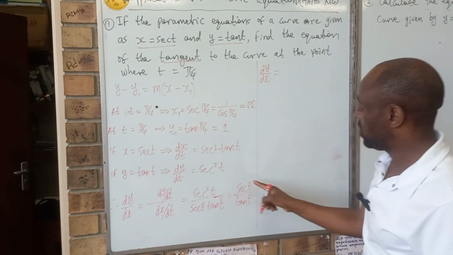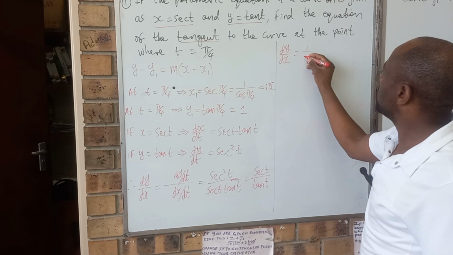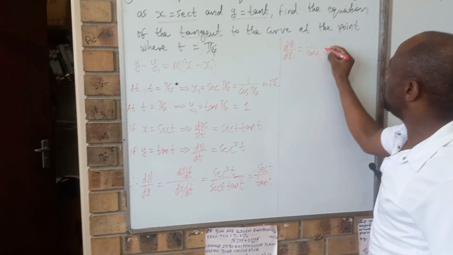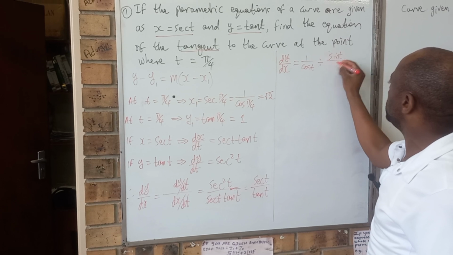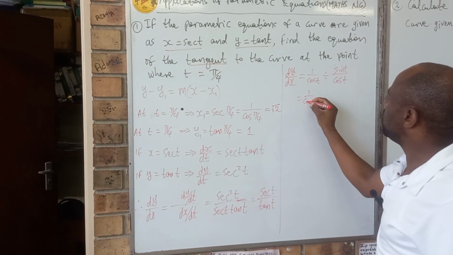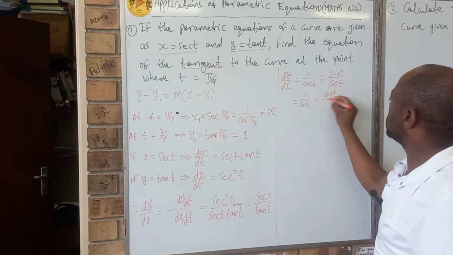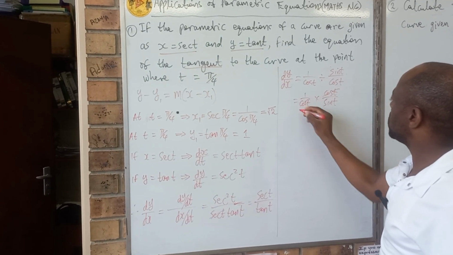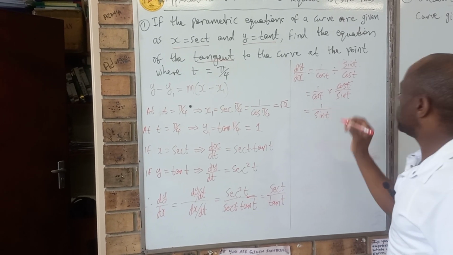Sec t is 1 over cos t, and I'm dividing it by tan t, which itself is sine t over cos t. If I change division to multiplication, this becomes cos over sine, and cos will take care of itself, and my answer will be 1 over sine t.